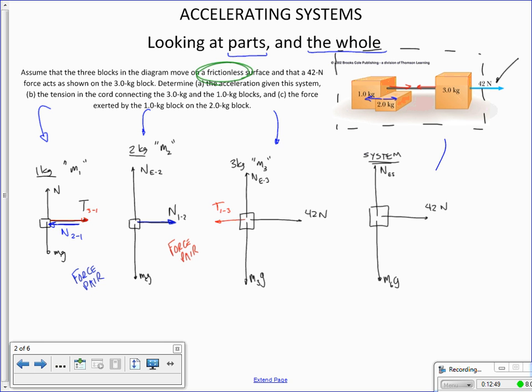But here, there's really only one unknown. If we started here and looked at direction x, the horizontal direction, this just says that 42 newtons equals m system a. And we know the mass of the system. It's 6 kilograms. So a equals 42 newtons over the mass of the system. So the system accelerates at 7 meters per second per second.